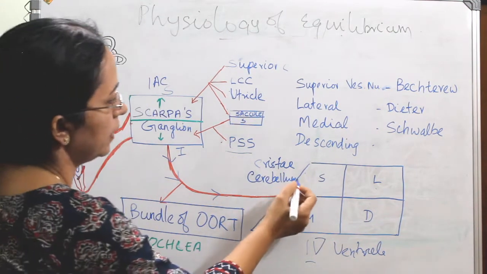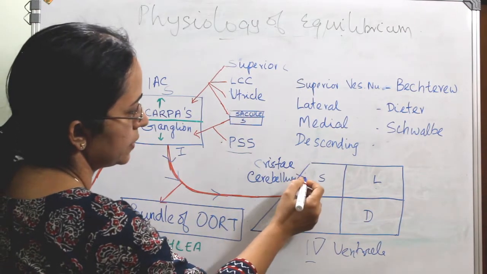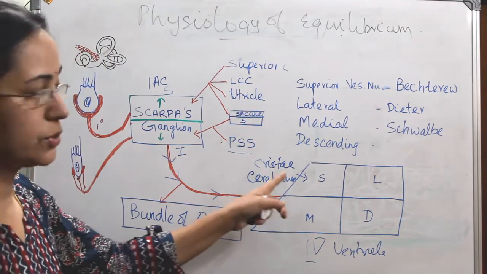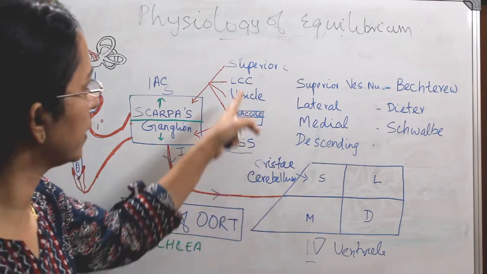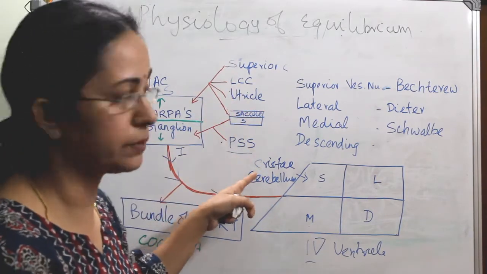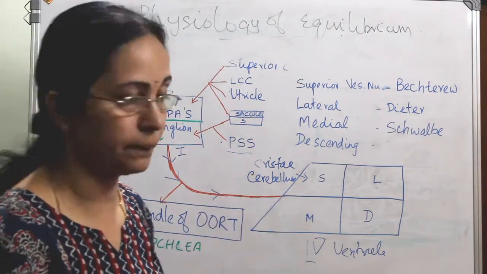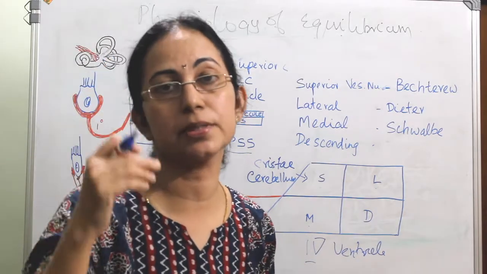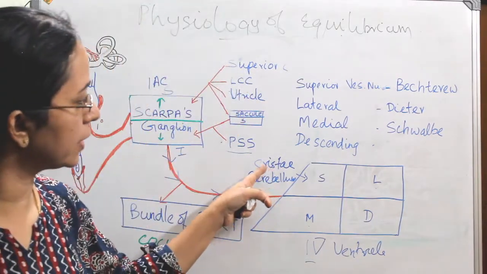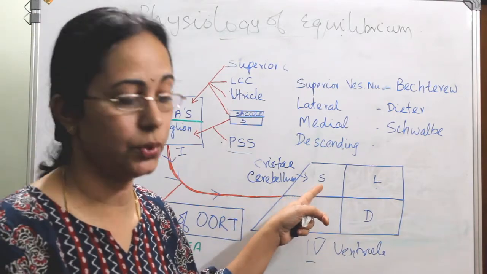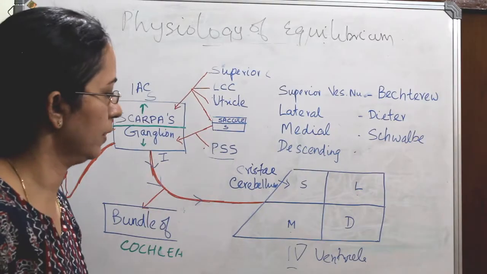Right? They are mainly synapsing to the superior vestibular nucleus. So, from the semicircular canals and from the cerebellum, it is to the superior. Think as S and S, superior semicircular canal. All the semicircular canal along with the cerebellum is going to the superior part.